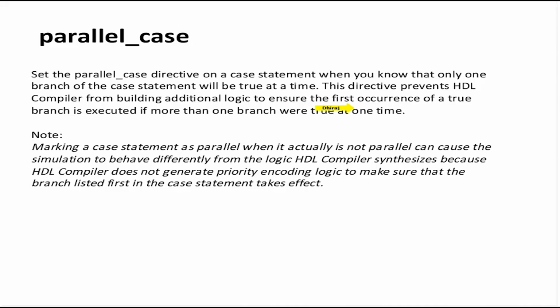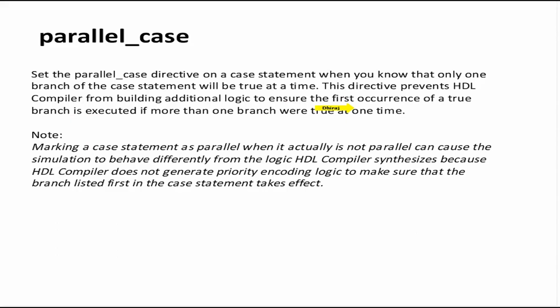This will create extra priority logic, and you want to prevent that. So you tell DC, okay boss, all these cases are exclusive. That means at one point only one of them is true. So please do not add any extra priority logic. So DC will not do that.